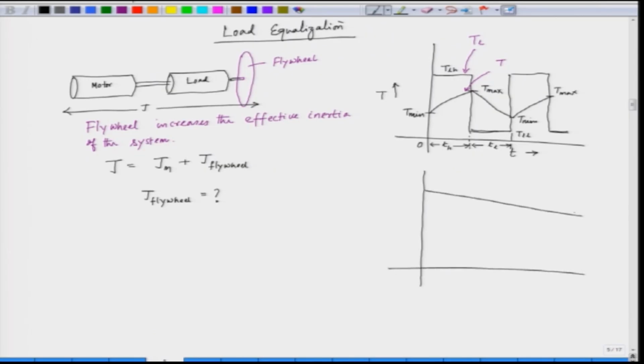Let us say this is the motor characteristic, speed versus torque, speed in the y axis and torque in the x axis. This is ω_m0. This is a drooping profile. So, the motor behavior is known, and we have to use this motor behavior to decide the inertia of the flywheel. So, we conclude for this particular class. We will continue from this in the next lecture.